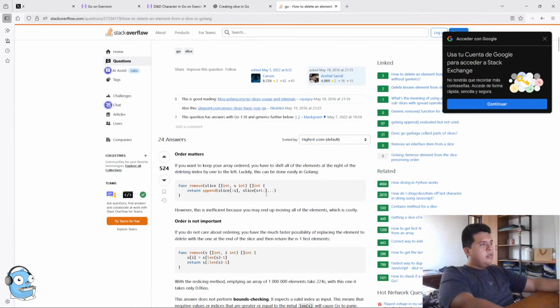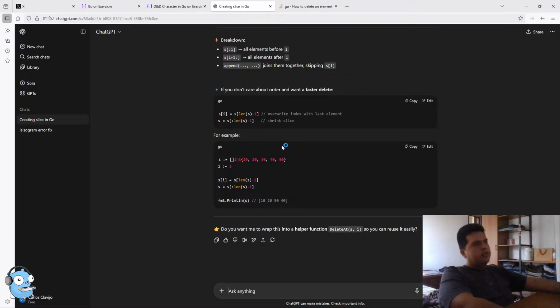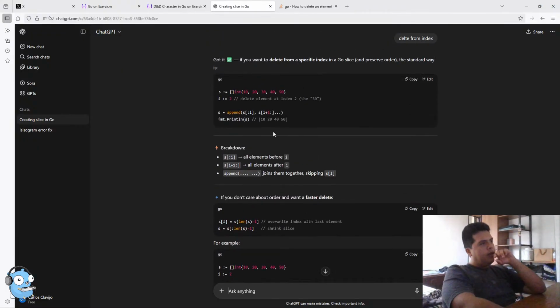How to remove an element? Remove. Really? That's the only way? Can I do, well, append 2 of 30.